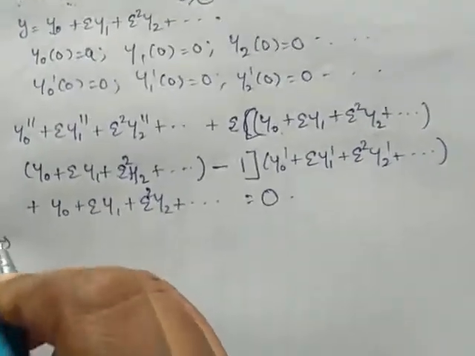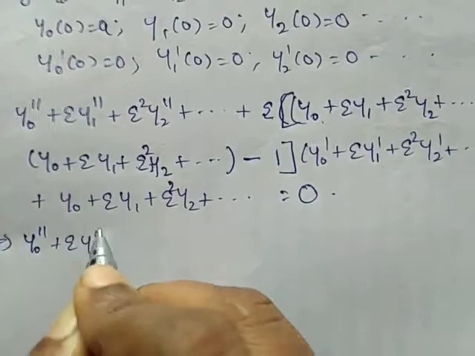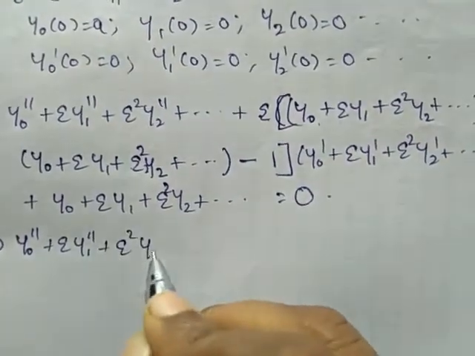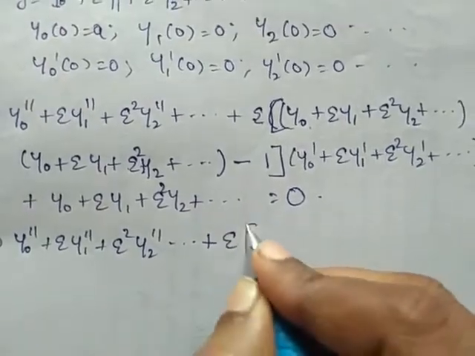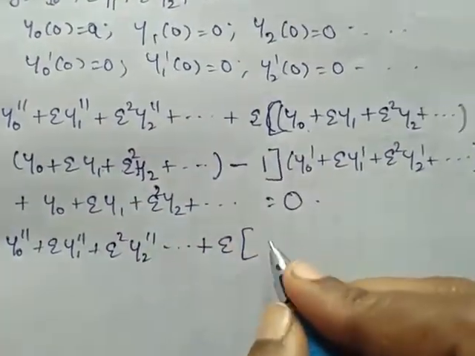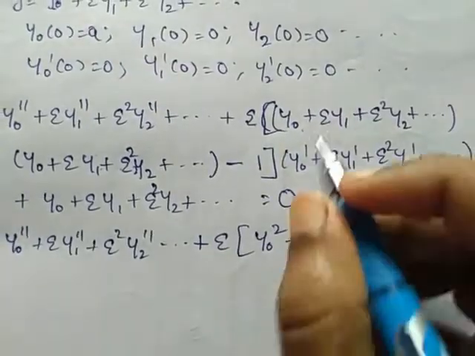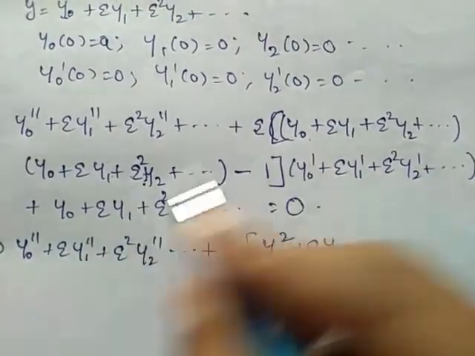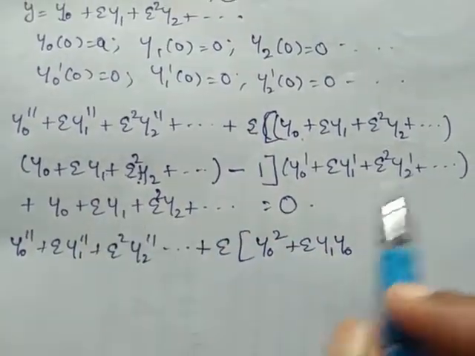So here we will simplify the terms for our convenience. This equation can be written as y naught double dash plus epsilon y1 double dash plus epsilon square y2 double dash etc. plus epsilon into, multiplying the terms, y naught square plus epsilon y1 y naught, and so on; I will leave the higher order terms.